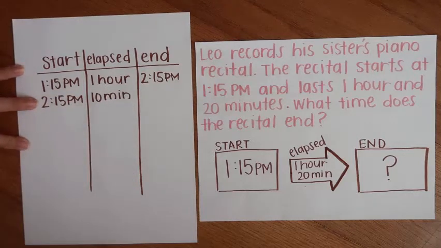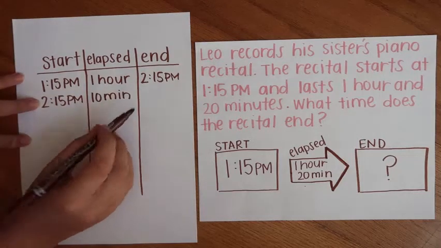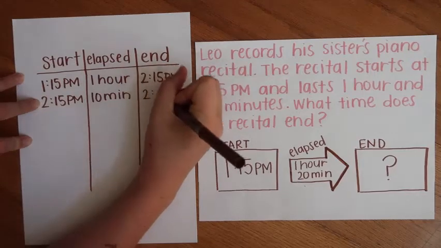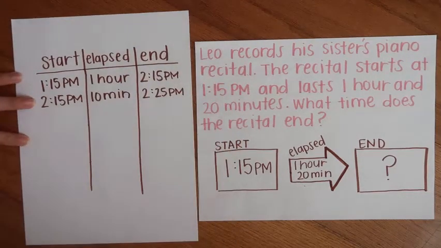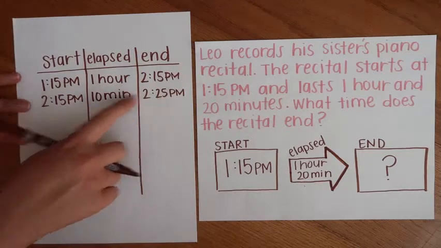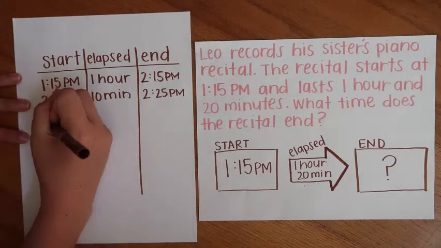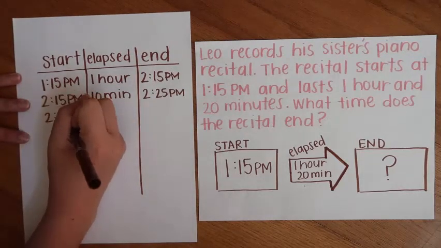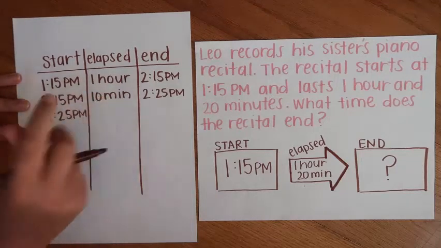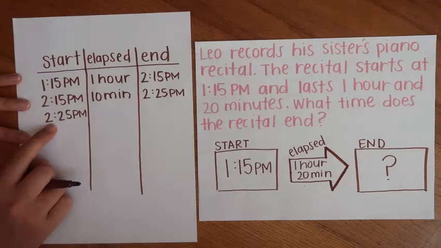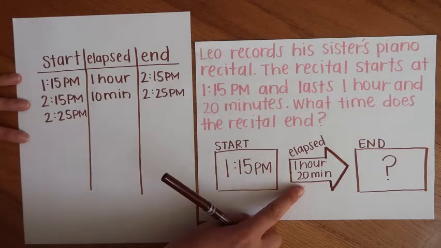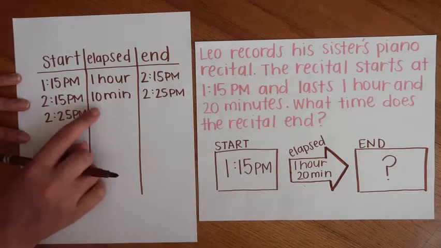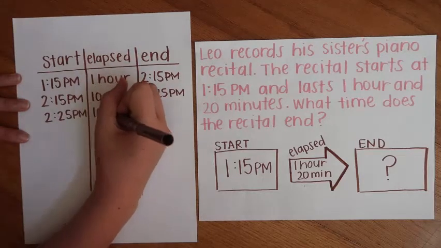And if I am at 2:15 and I go 10 minutes forward from that, I would be at 2:25 p.m. And now again, that time becomes the time that I write here, 2:25 p.m. So now I'm at 2:25 p.m., but I still have not gone the full 1 hour and 20 minutes into the future. So I'm going to do another 10 minutes.